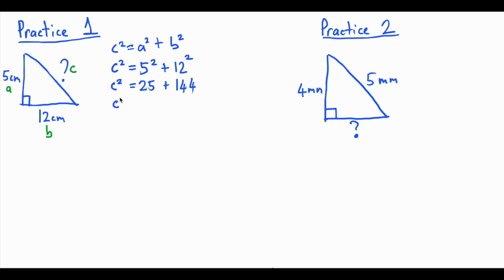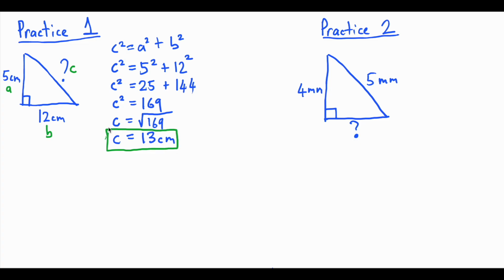So then I'll have c squared is equal to 25 plus 144, which is 169. So then what I can do is find the square root, because that's the opposite of squaring. So I'm going to do that, which is c now is equal to the square root of 169, which is 13 centimeters. All right. Everybody got that answer?